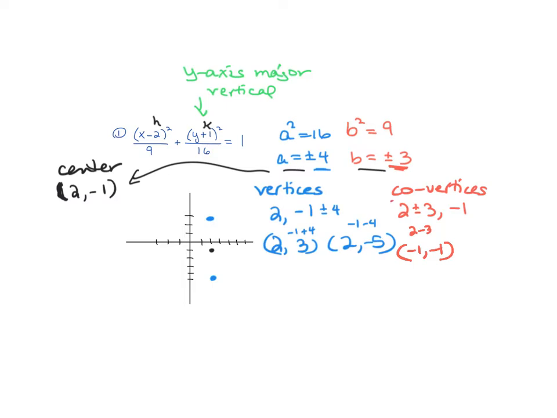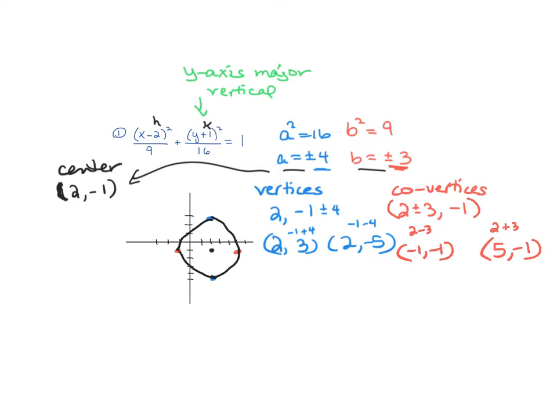And then over here, 2 plus 3, so I would get 5, -1. So let me graph both of those. So -1, -1 is here. And then +5, 1, 2, 3, 4, 5, and -1 is there. So now I can connect my red and blue dots and make my ellipse shape.